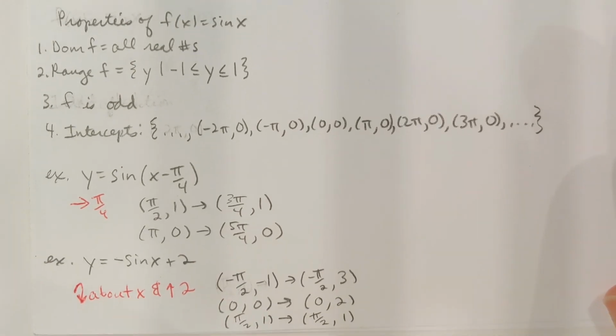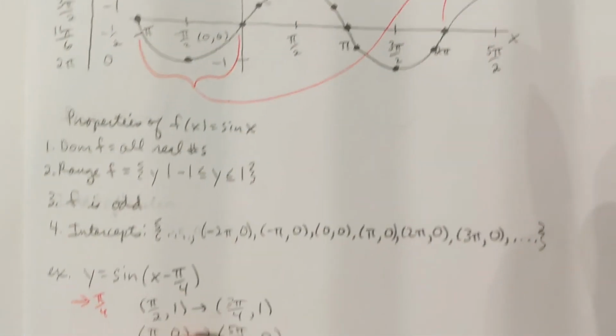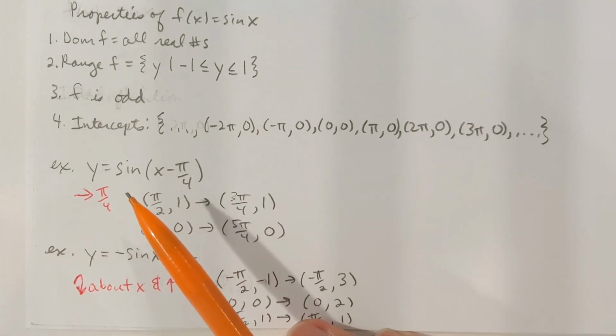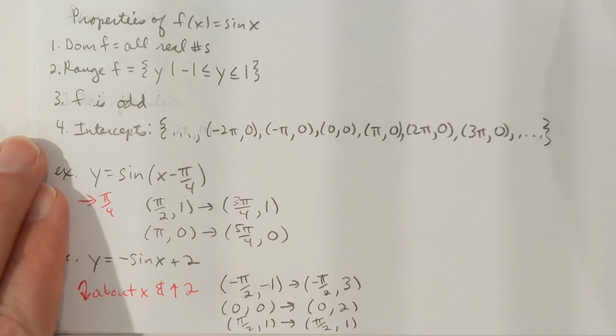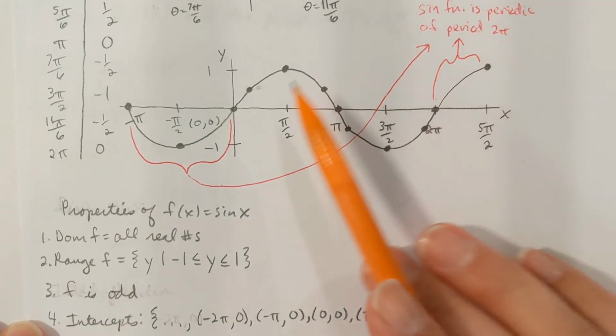Now, of course, we could also use what we know about transformations. If I've identified y equals sine x as a basic function, then of course I can produce many more curves. So like here, if I want to graph y equals sine of x minus pi over 4, that would be a horizontal shift to the right of pi over 4 units.